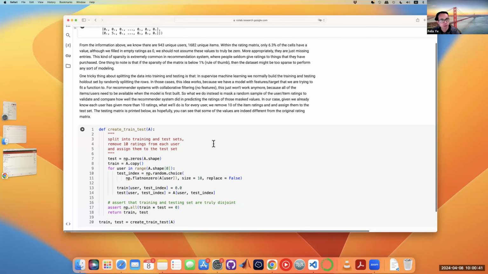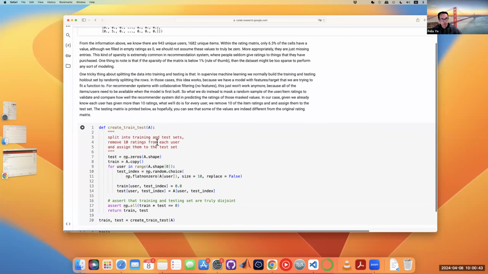This piece of code is the thing that we are doing here. We're going to split the whole data set into training and testing data sets. As I said, remove the 10 ratings from each user and assign them to the testing data set.